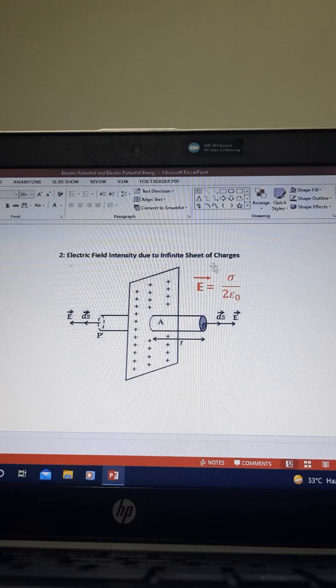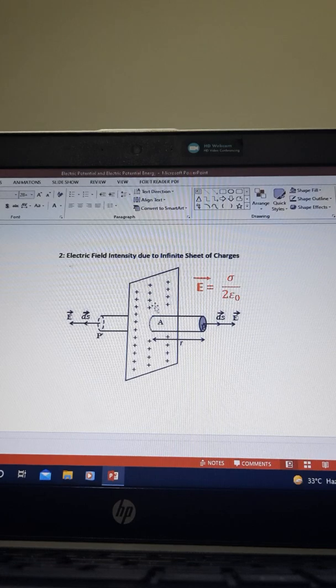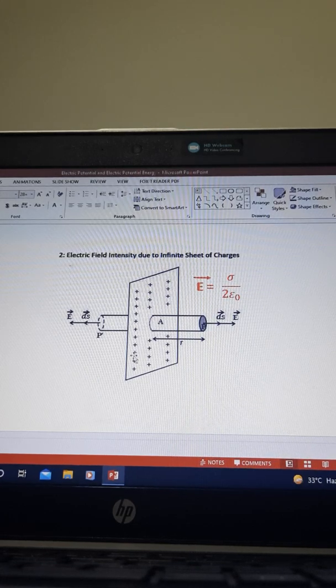This was the value for the electric field intensity for an infinite sheet of charges, and the sheet was considered as positively charged. You can also consider the sheet as negative, but I have told you before that as a convention, we usually represent the collection of the charges as positive.